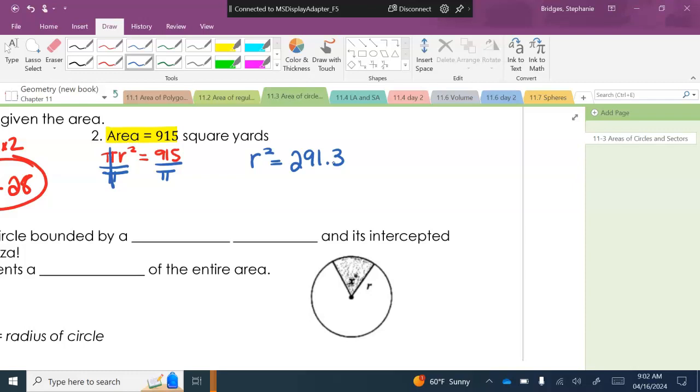Is that what my radius is equal to? No. I have to do what now? Take the square root. Yep. So let's do that in our calculator. I want you to take the square root of 291.3. Round that to the tenths place as well.